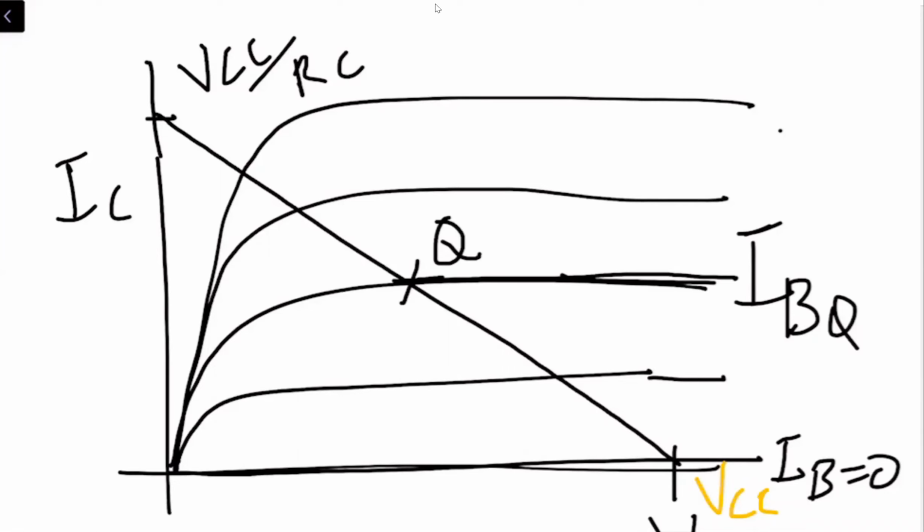Yes sir, clear sir. Okay. Because as you can see there are different characteristic curves, right? For different values of IB there will be different values of IC, right? But depending upon where the IC is actually taking place, because these characteristic curves are there for different values of IB and IC, right?